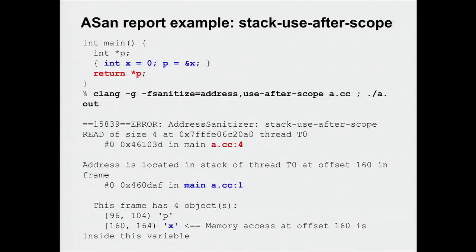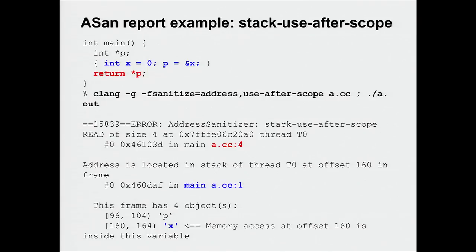Another error we are trying to find is the stack use after scope error, which means access to a local variable which has already gone out of scope, like in this example. You need to pass an additional compiler flag to turn this mode on, and in this case, ASan will print a stack with an error report and will describe the frame and the variable which are problematic.